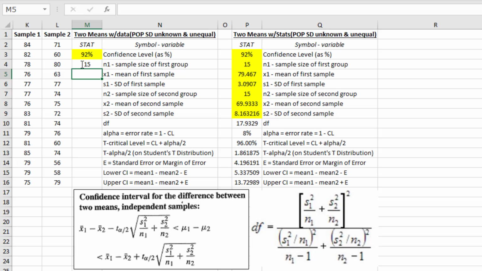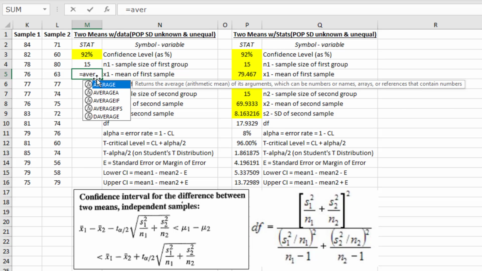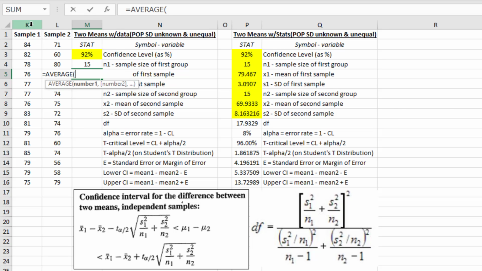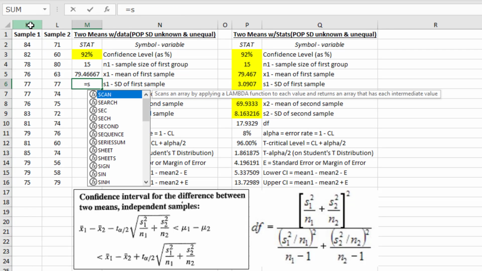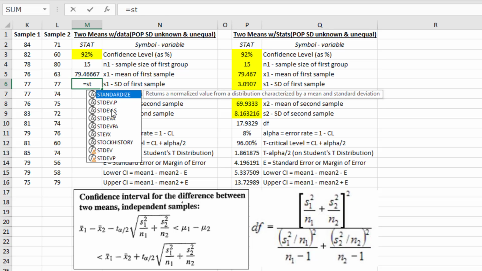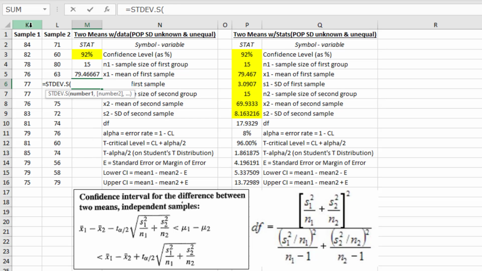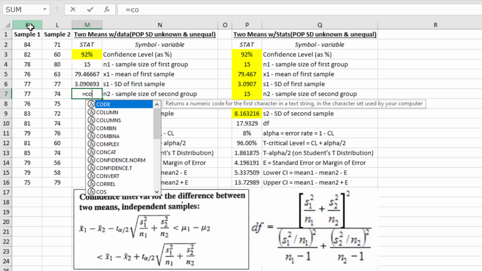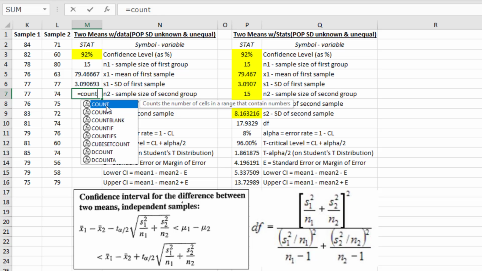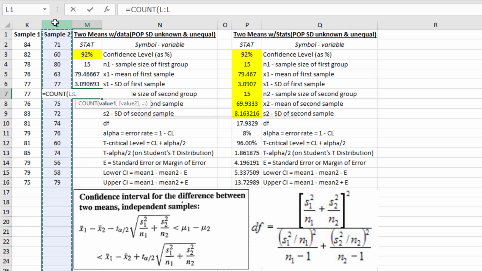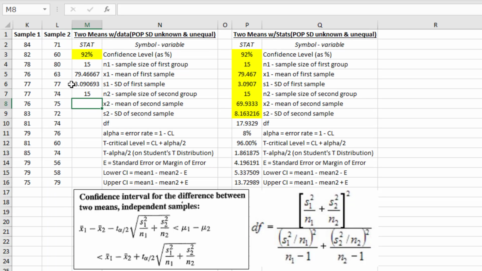Then we want to do the same thing for the average, right? Equals the average of everything in that column. Equals the standard deviation of a sample of everything in that column. And then repeat it for the second column, right? Equals the count of everything in the L column.